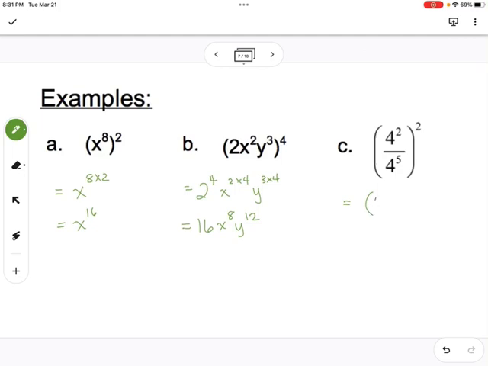So in the bracket, we'll have 4 to the exponent 2 minus 5, and then that will be squared. So we have 4 to the negative 3, squared. Now we have a power of a power, so we're going to multiply our exponents. 4 to the exponent negative 3 times 2, and that gives us 4 to the exponent negative 6.